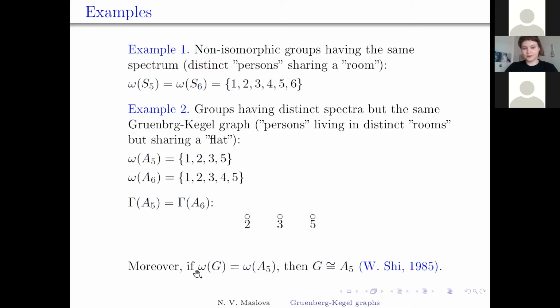Moreover, the alternating group on 5 points is the only group living in her own room, but this group is sharing her room with infinitely many neighbors. So it's a very interesting situation. Then the same flat, 2 rooms. In one room there is the only person, and in another room there are infinitely many persons living.